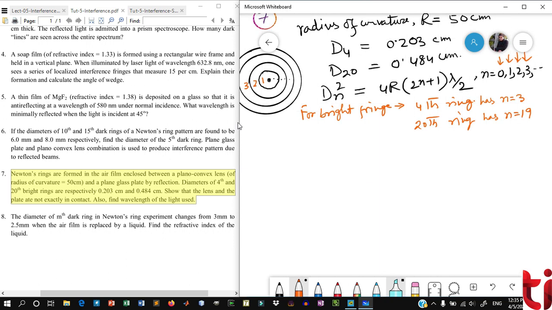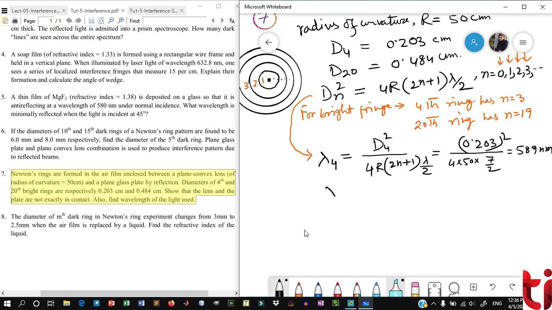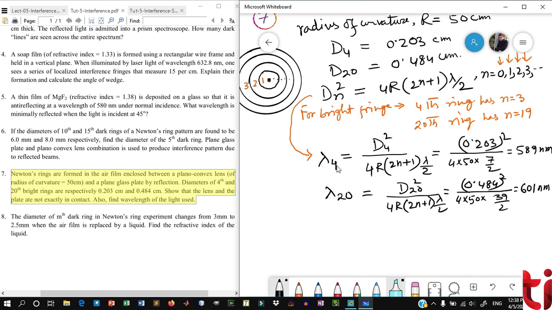Hence what we have is from here lambda for the fourth ring must be equal to this, and similarly for the 20th ring. So what happened here is the wavelength as calculated using the diameter of the fourth ring and the diameter of the 20th ring turns out to be different, which is not the case for the Newton's ring.